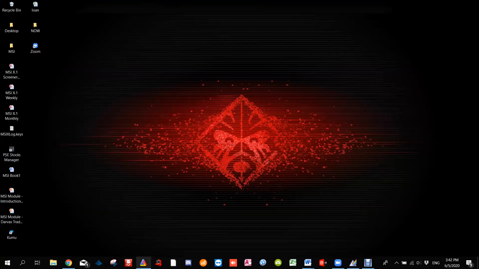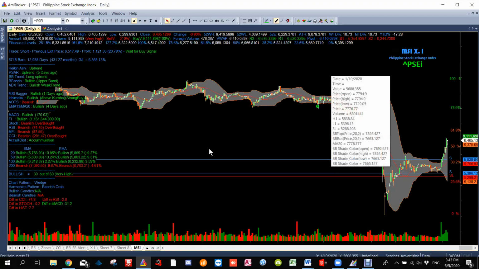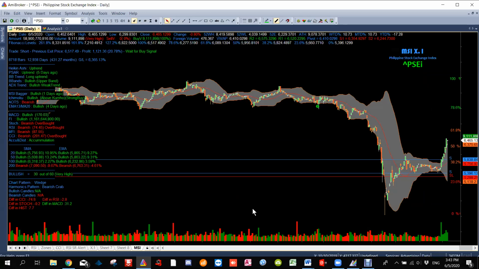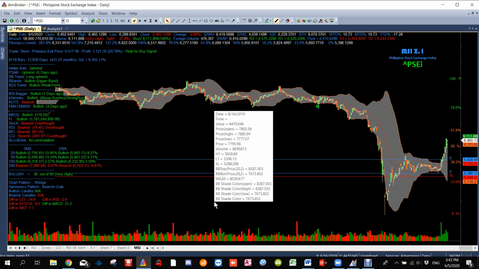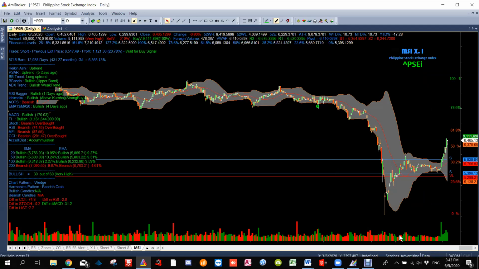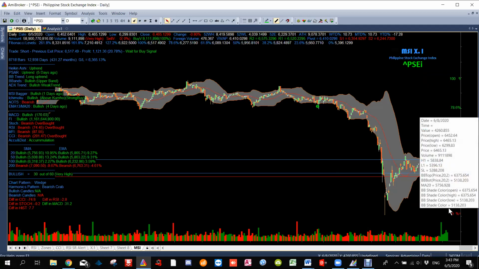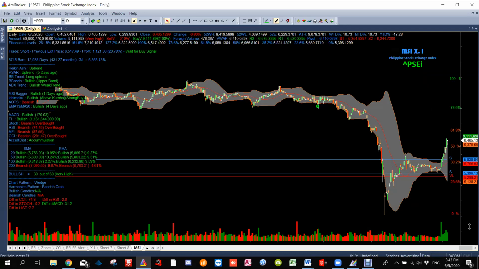Using just the Bollinger Bands, you already have an idea whether the trend will continue and whether it will give big candles. In a short uptrend or short downtrend, do not expect a big move. That's why it's called short.